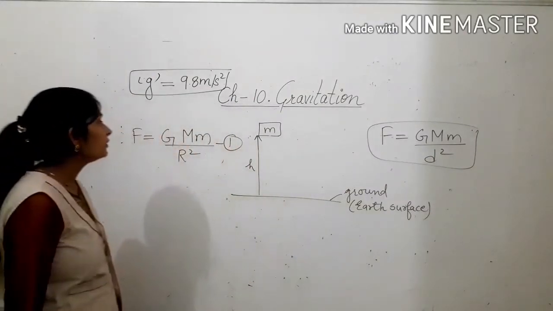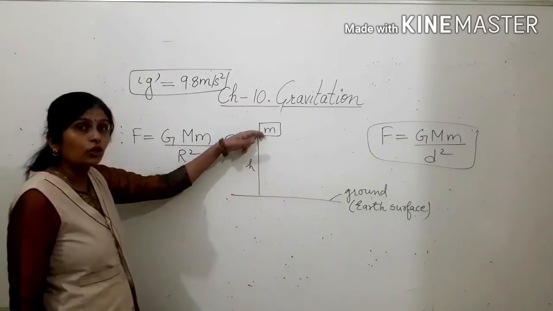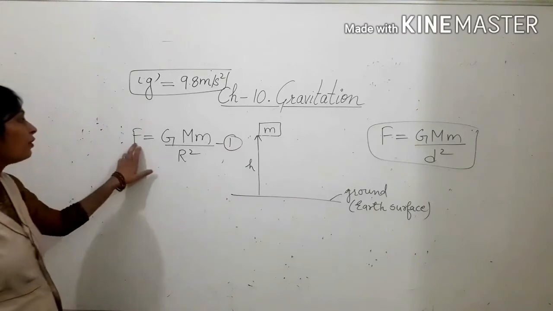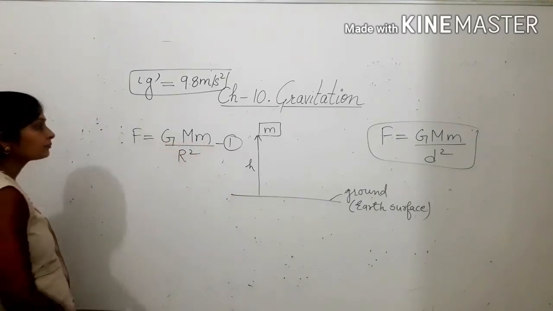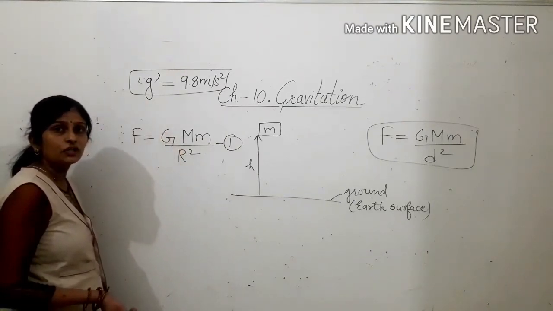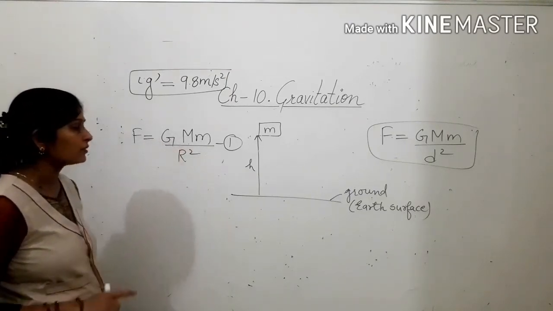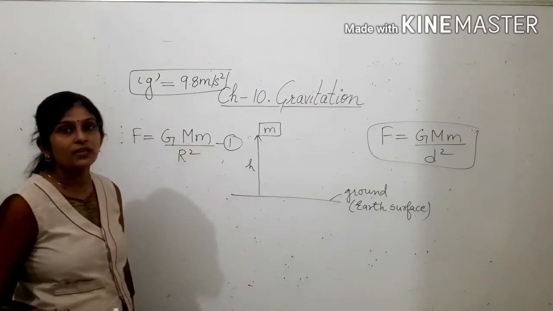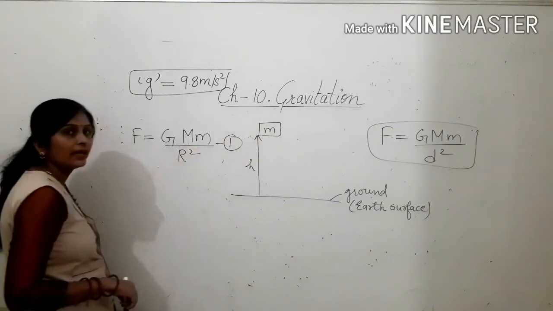But if the gravitational force is acted between an object on the surface of Earth and Earth, then we apply the formula F is equal to G M m upon r square, where capital G stands for the same universal gravitational constant, capital M stands for mass of first object, that is mass of Earth, small m stands for mass of second object, that is mass of this object, upon r square, r being the radius of the Earth, square.